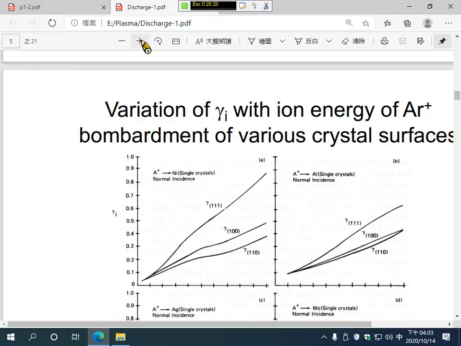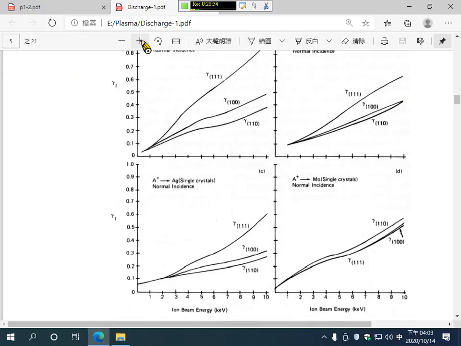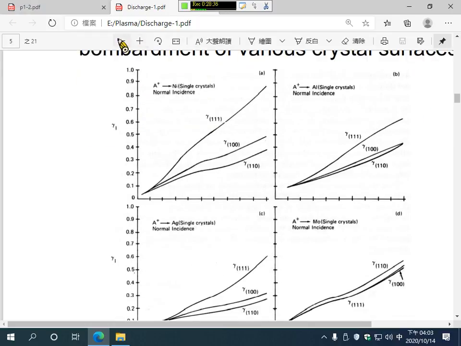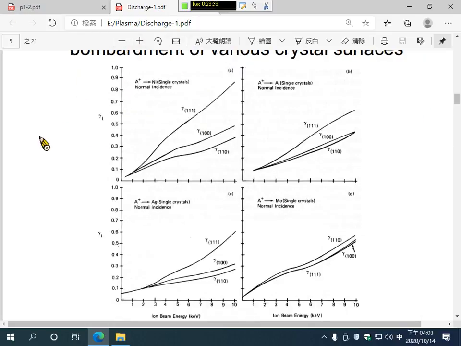The same for silver, because nickel, aluminum, and silver have an FCC structure. And for the FCC structure, the 111 surface has the highest packing density of atoms.